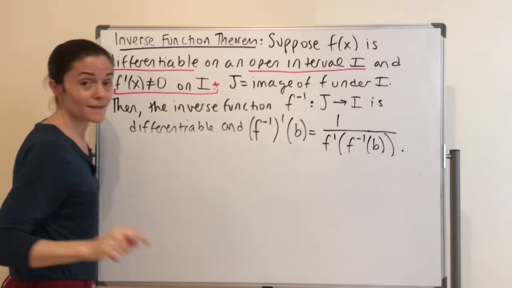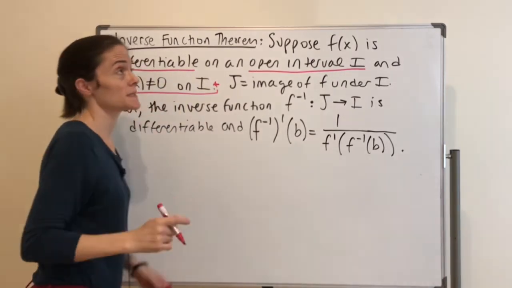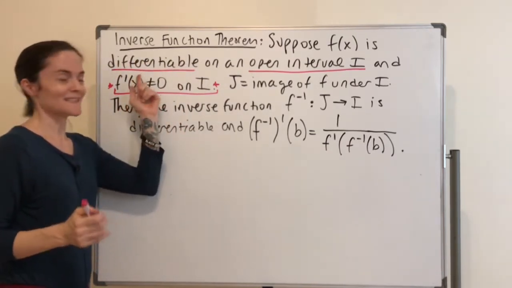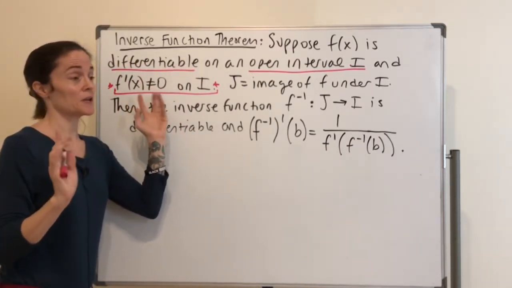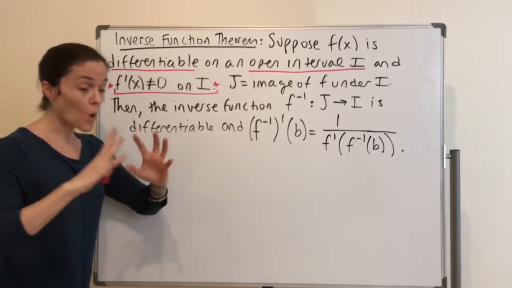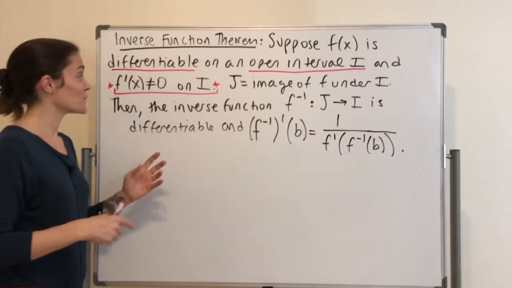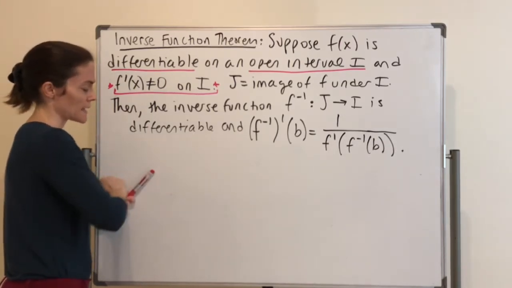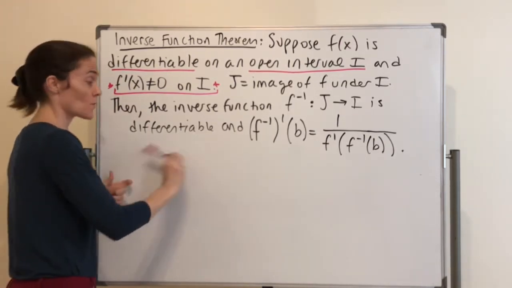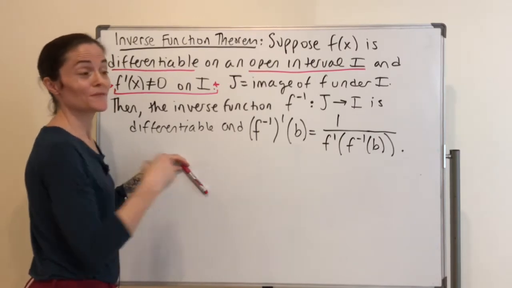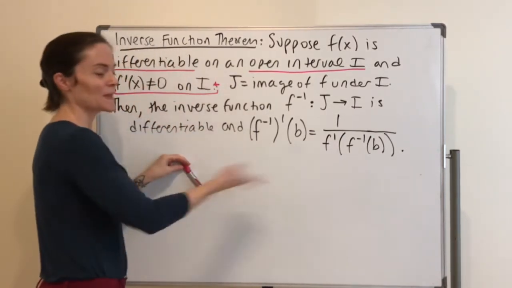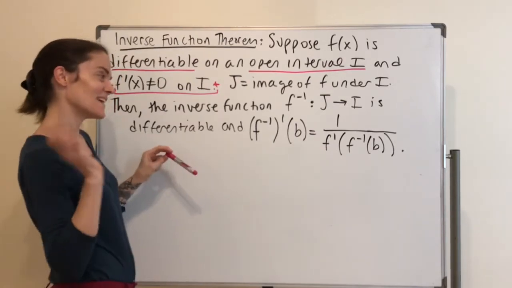This part, the derivative not being equal to 0, will guarantee, well, we know the derivative exists because it's differentiable and not equal to 0 on the whole open interval. The derivative will either be positive, function's increasing, passes horizontal line test, or derivative negative on the whole interval, function's decreasing, passes horizontal line test, okay?